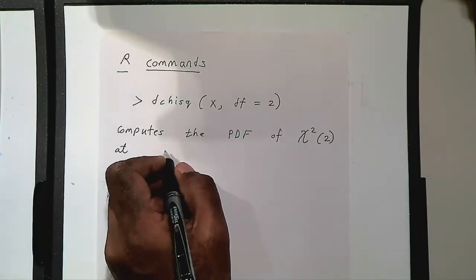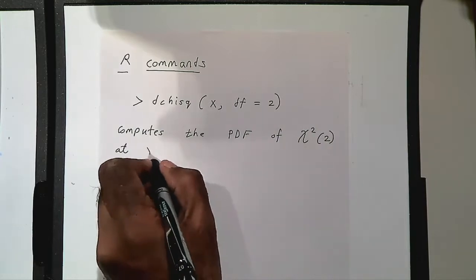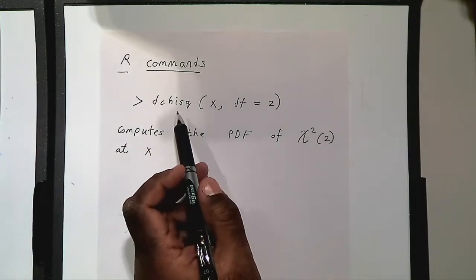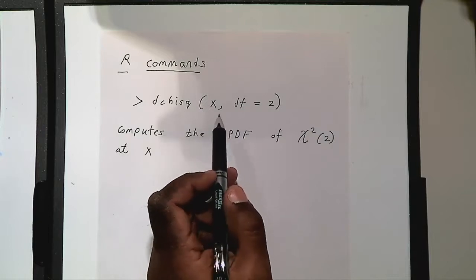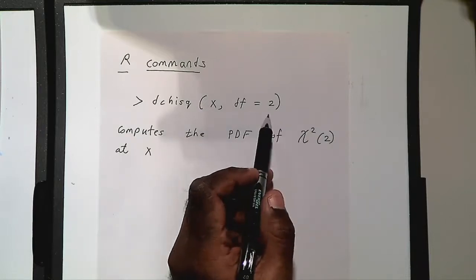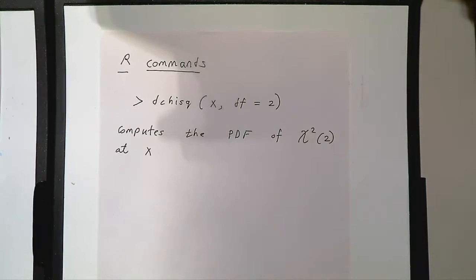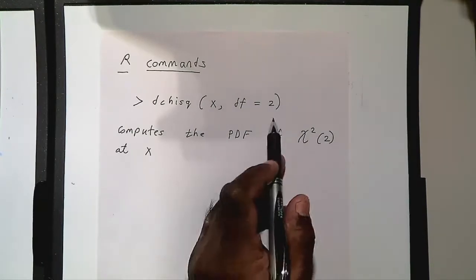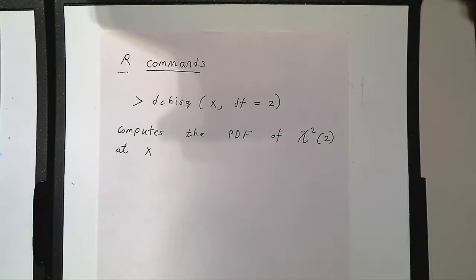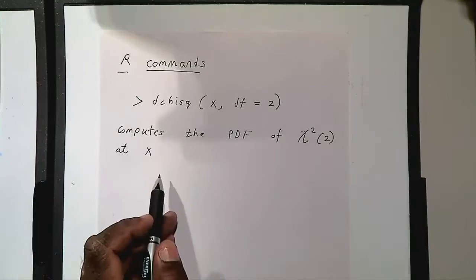So this command here, dchisq in brackets x comma df equal to 2. Df stands for degrees of freedom. In this case, the parameter a takes the value 2. So this command will compute the PDF of the chi-squared at the values given by x.